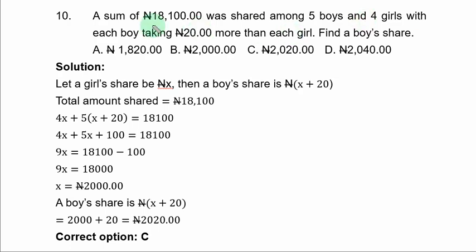Question 10. A sum of 18,100 naira was shared among 5 boys and 4 girls, with each boy taking 20 naira more than each girl. Find a boy's share. So we have to start from the girls because a boy is taking 20 more than the girl.